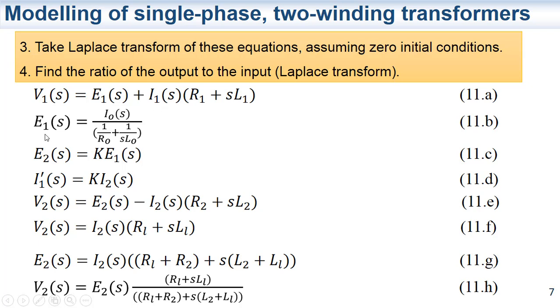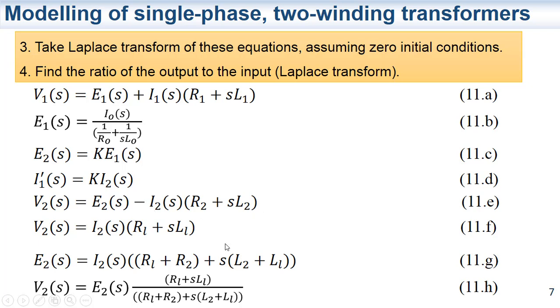The other part is I1 dash, which is related to the secondary current. In equation 11e, a relationship between the transformer output voltage, induced EMF in the secondary winding, and the current flow in the secondary circuit is presented.